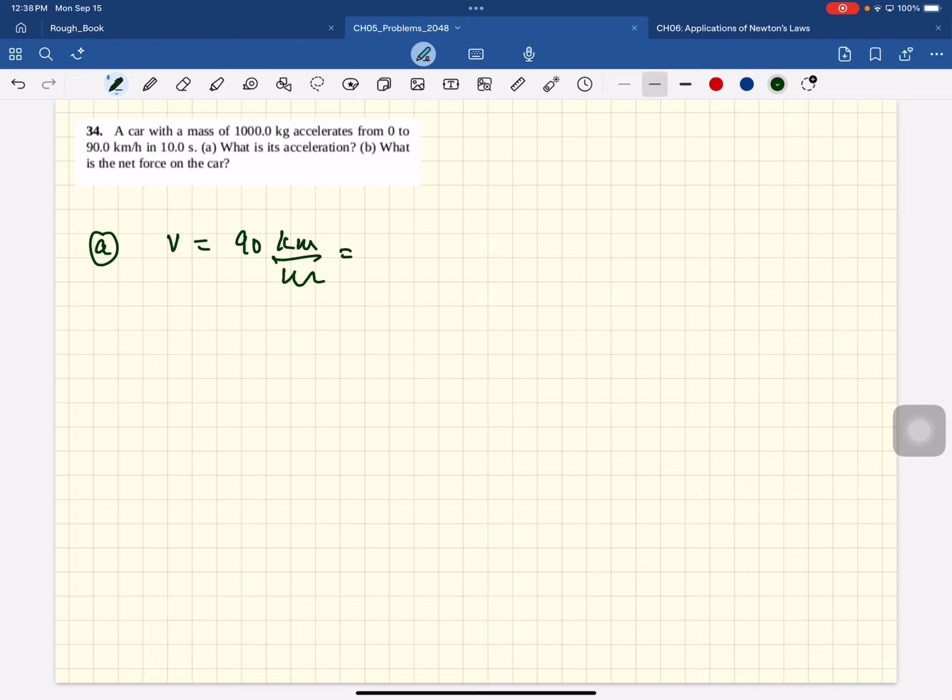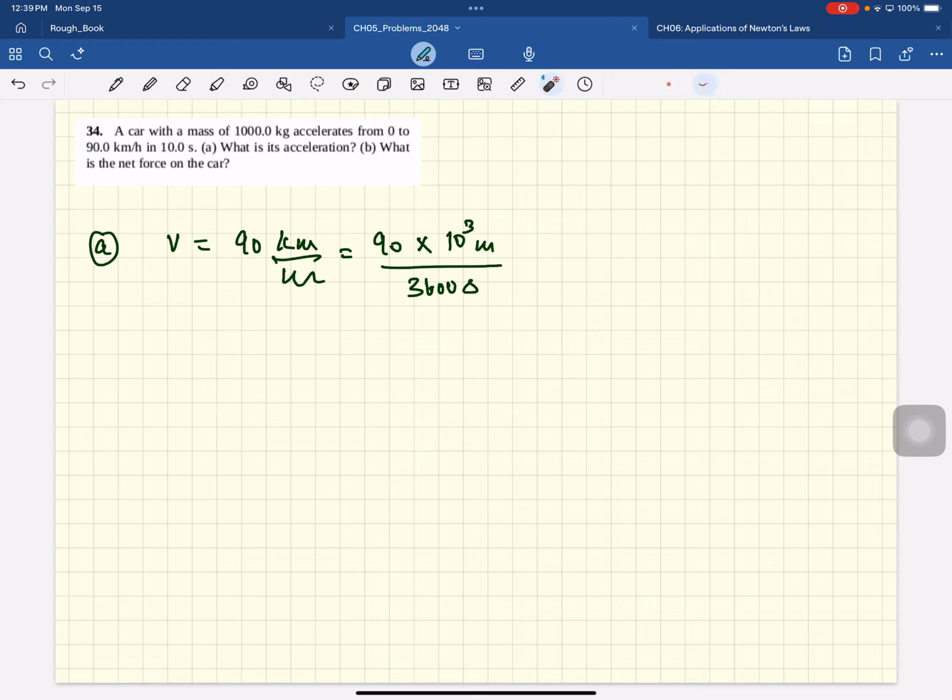So this is 90 kilometers. K is the prefix 10 to the power 3, so that is 10 to the power 3 meters. And 1 hour is 3,600 seconds.